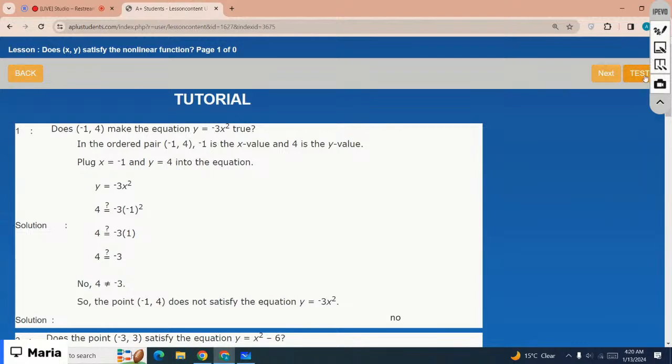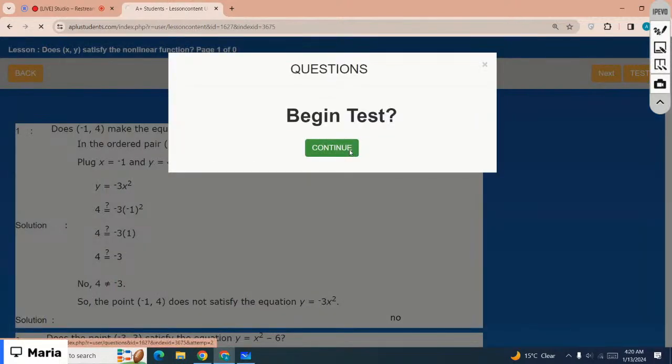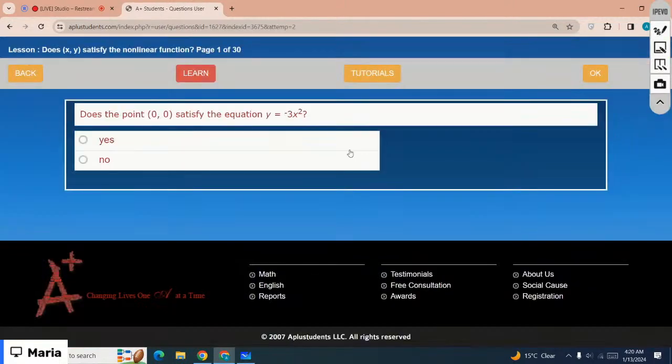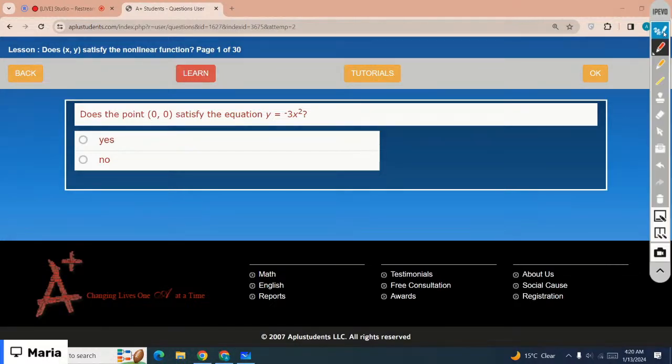Let's just start with the test questions. Okay, does the point (0, 0) satisfy the equation y equals negative 3x squared? So just replace the values in the function. (0, 0) means x is 0, y is 0.